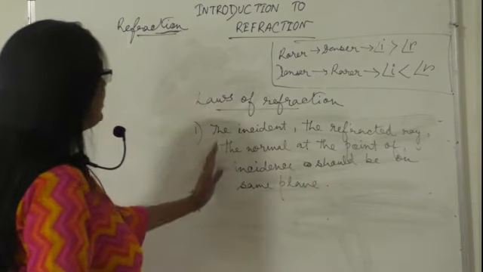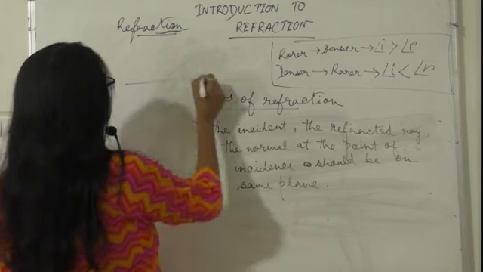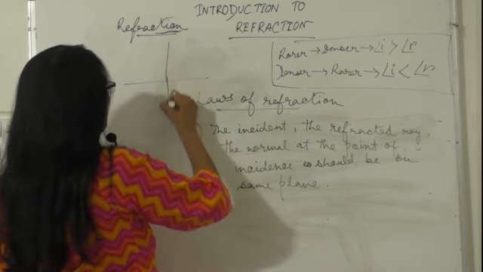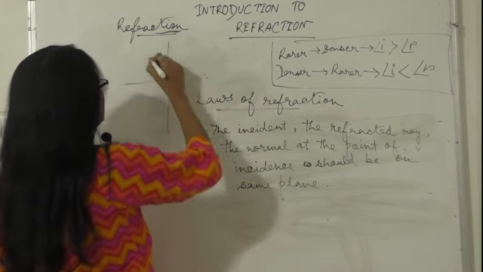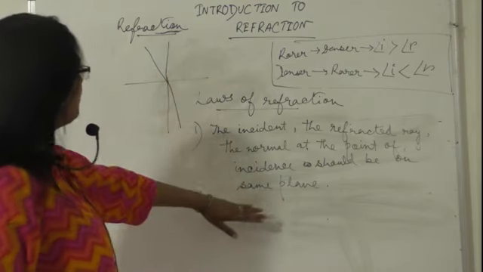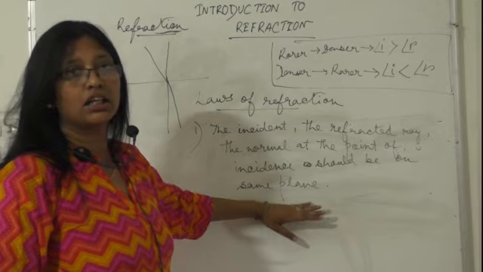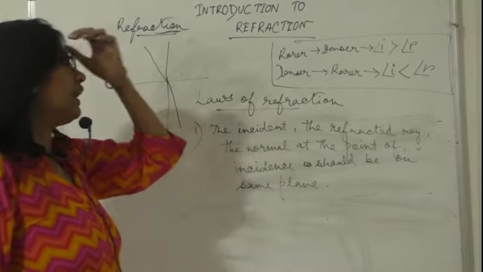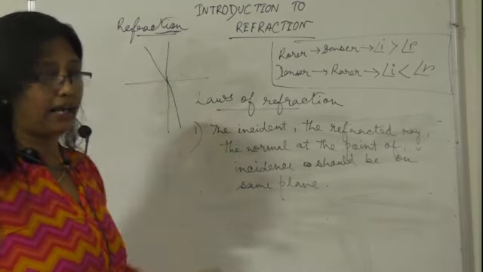This is the first law. Now you can see the point of incidence, the incident ray and the refracted ray should be on the same plane. All these three are in the same plane.